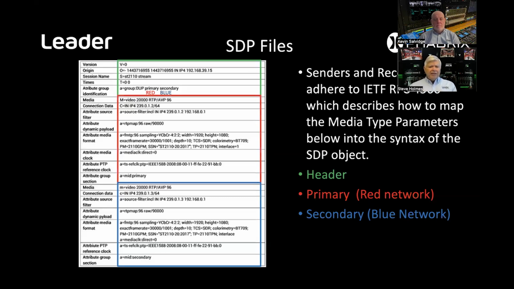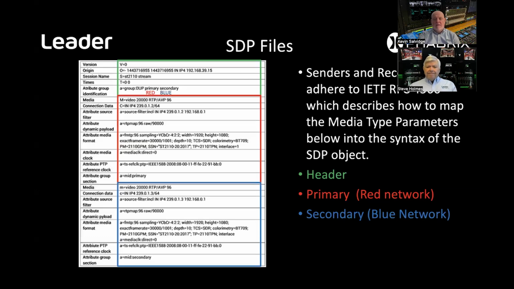So you may see several different notations of the primary and secondary or the red and blue networks, depending on who made the SDP. So that's going to be sender dependent. So different senders from different manufacturers may do it different ways.